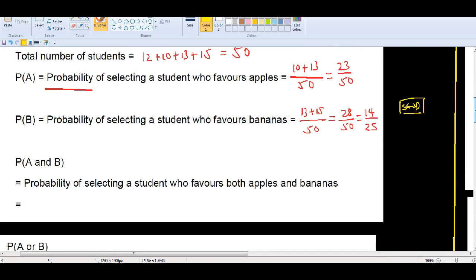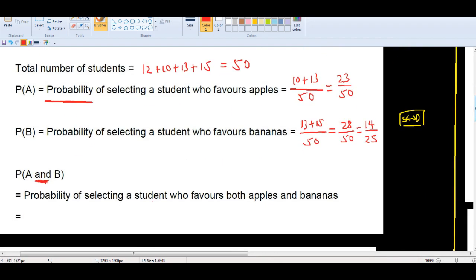Okay, let's see the next one. This is probability of A and B. This is a new thing, and it means you need to satisfy both A and B. What do you mean by satisfying both A and B? In this context, that means the probability of selecting a student who favors both apples and bananas.